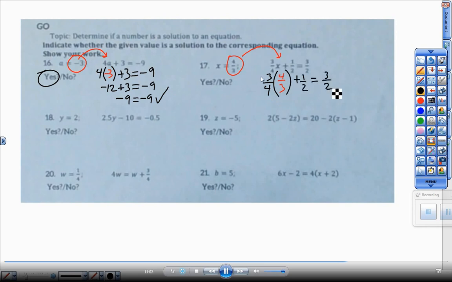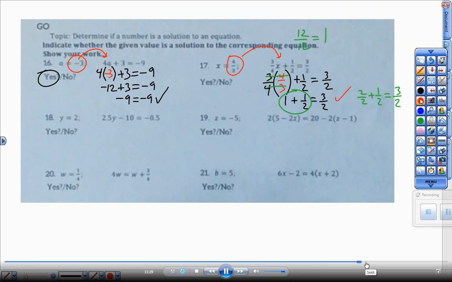If I times this straight across, this gives me 12/12, or the same as 1. Or I cross off all those and just get 1. That turns into 1 plus 1/2 equals 3/2. That is true. That is a yes. 1/2 is the same as 2/2. Plus that 1/2 gives me the 3/2. So yes, that is true.